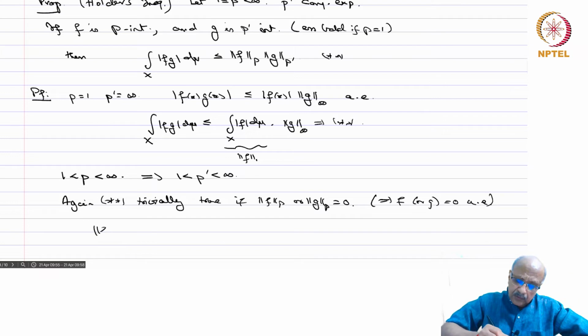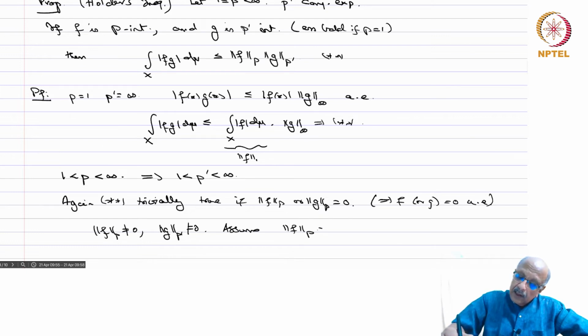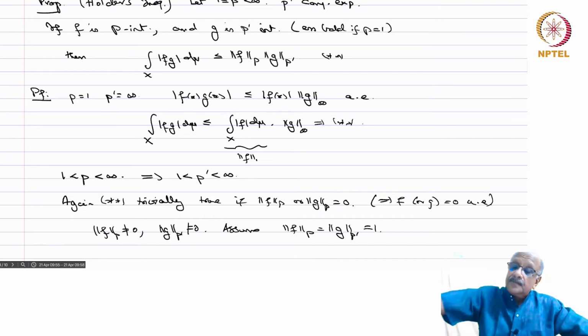So we can assume that ‖f‖_p is not equal to 0 and ‖g‖_{p'} is not equal to 0. So assume ‖f‖_p equals ‖g‖_{p'} equals 1.